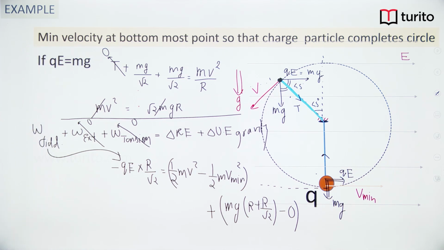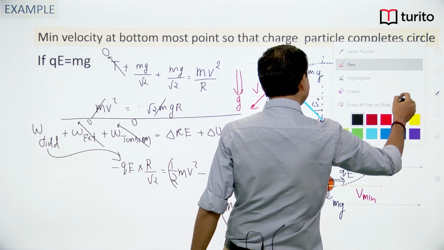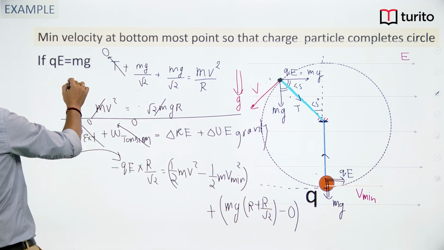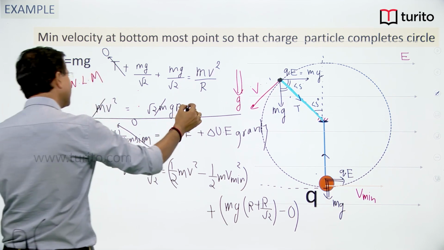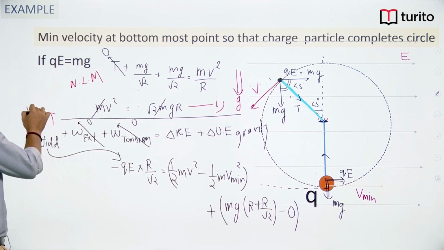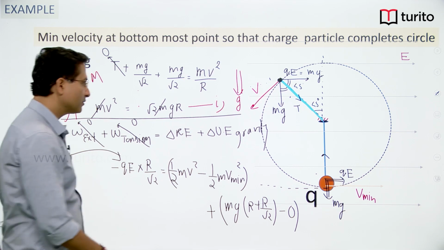Now see the number of unknowns and the number of equations. So this is the first equation we made from Newton's law of motion, and the second equation from work energy, this is the second equation.